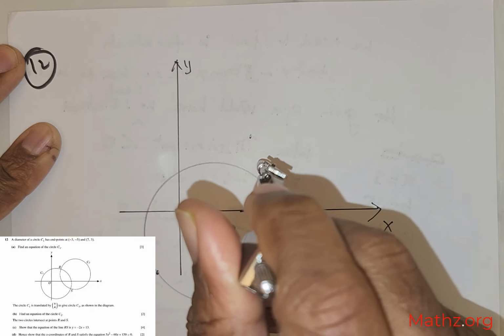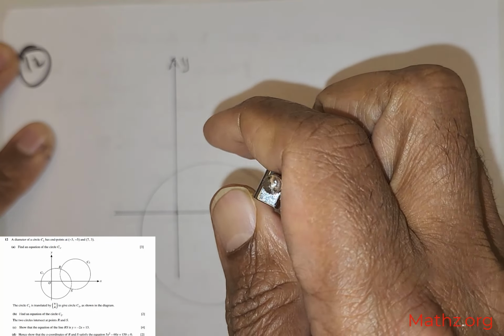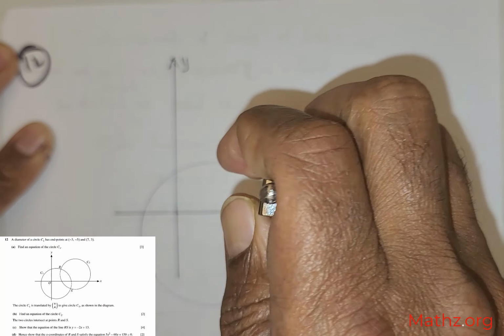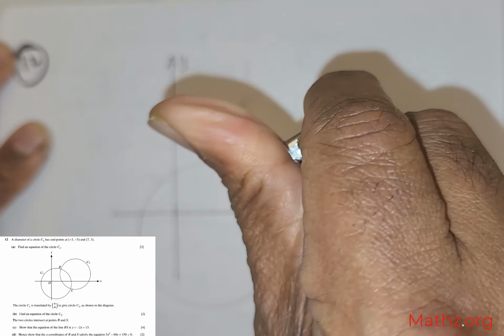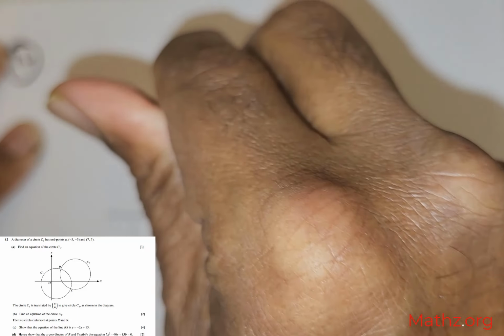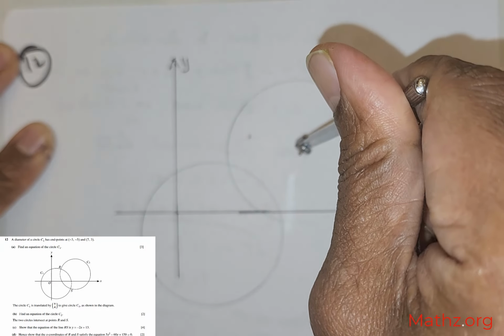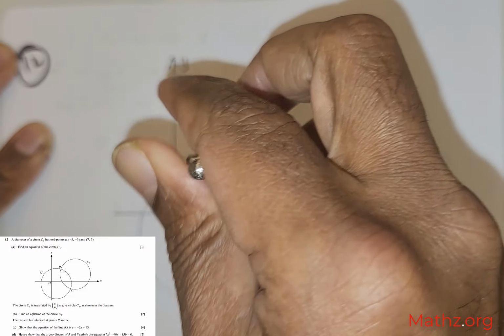Now from here we got another circle. So this circle is, okay, all right, fair enough.